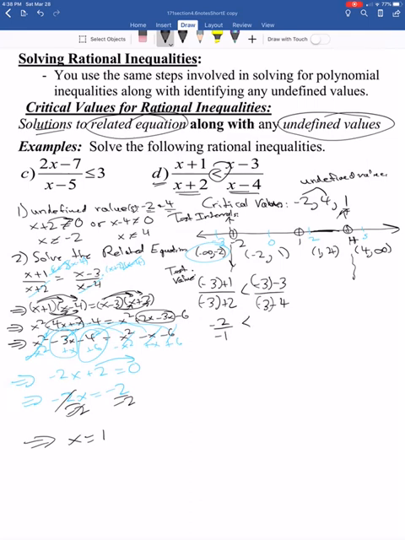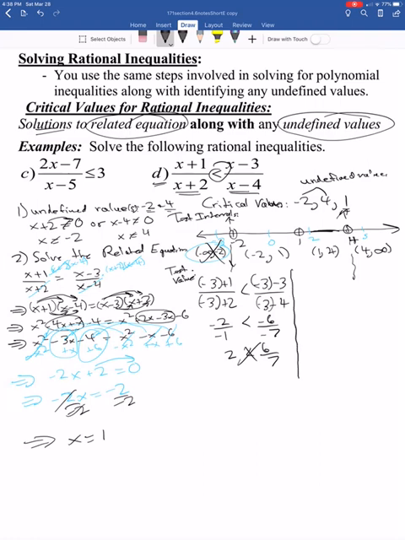Over here on the right side, -3 minus 3 is -6, and -3 minus 4 is -7. So I end up with 2 less than 6/7? Well, 2 is greater than 6/7. That didn't work. It's not in the solution set, so we have to exclude it from our solution set.